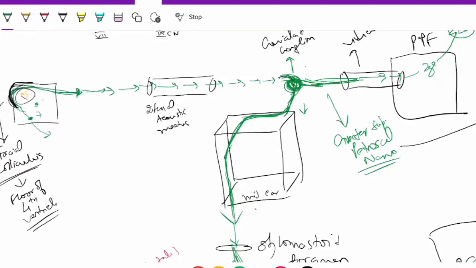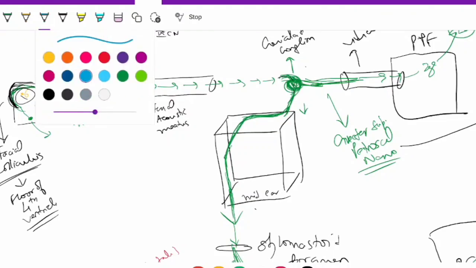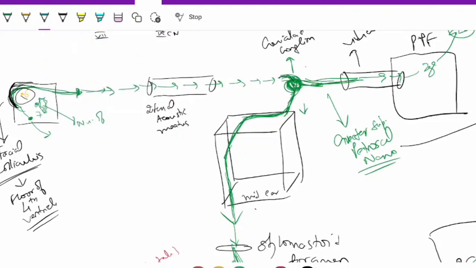Another nucleus, there is this funky nucleus, we'll draw it in a different color so that it's clear. There is this funky nucleus over here whose fibers also travel along with the facial nerve.